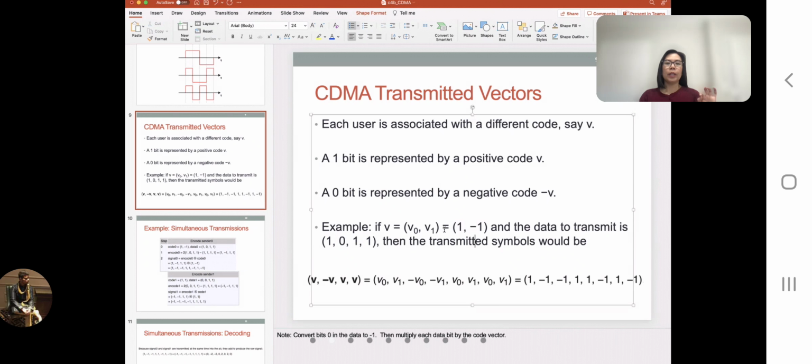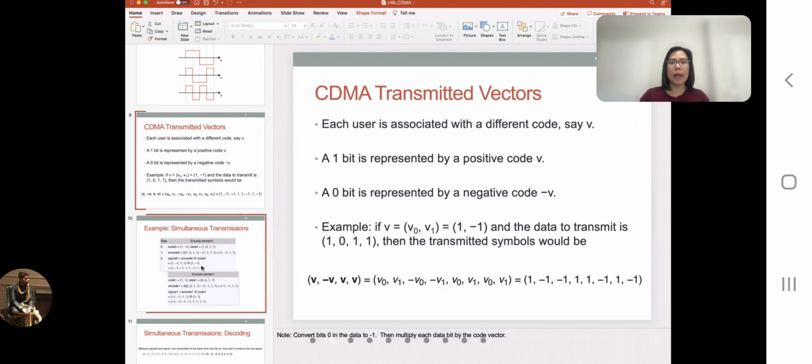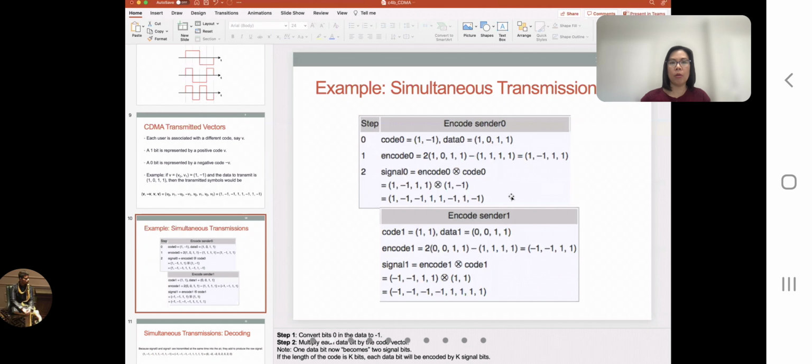All right, so now we know how to convert original data into the bits, right? So now this is another example, okay? So we go through this example. Now in this example, we have 2 senders, sender 0 and sender 1.